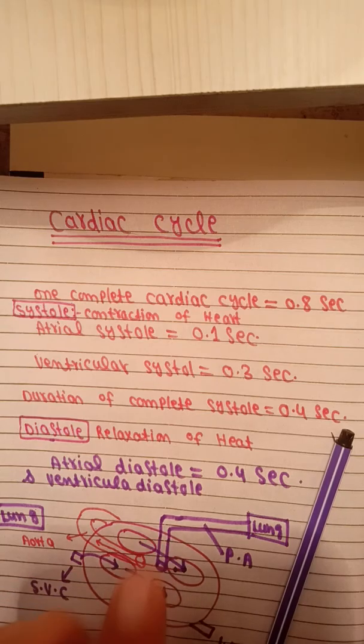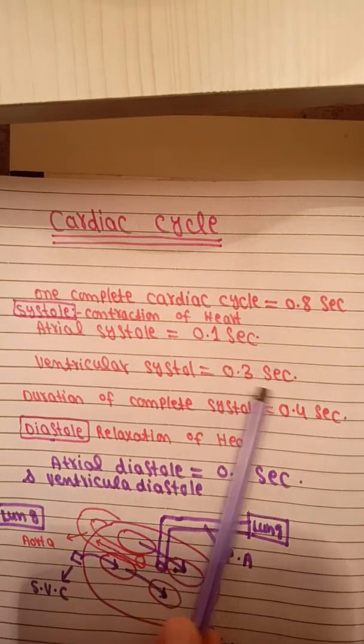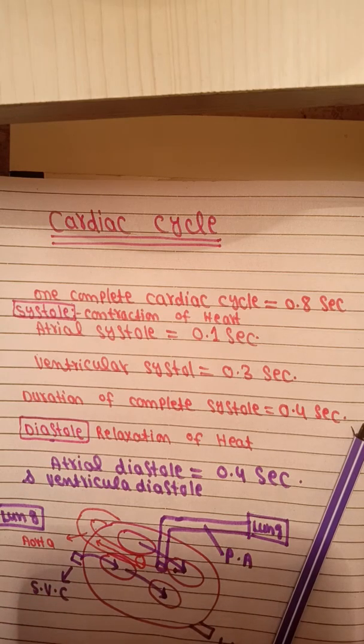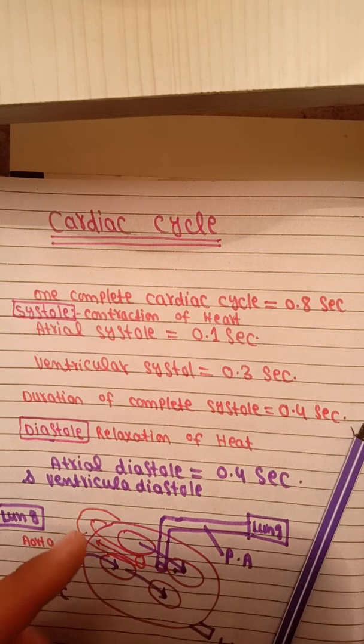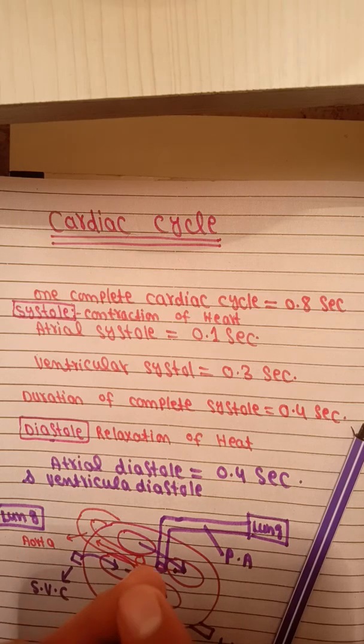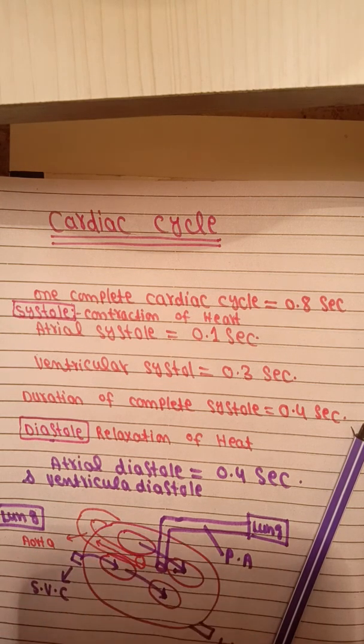It is for both ventricles. So we can conclude that the duration of the complete systole, the atrial plus ventricular systole, is 0.4 second: 0.1 for the atria and 0.3 for the ventricles. So the total time taken by systole is 0.4 second.